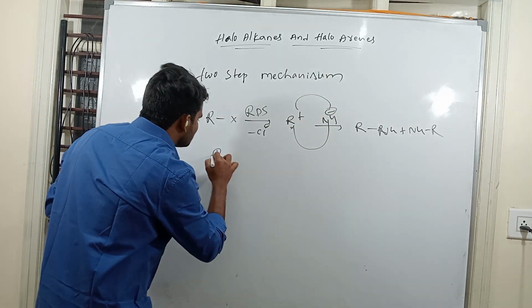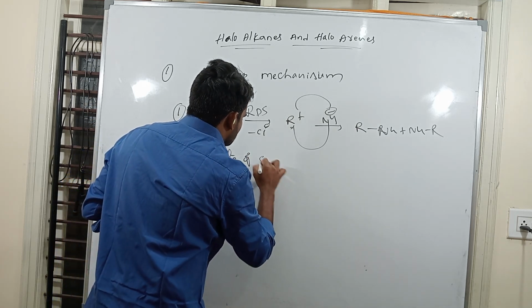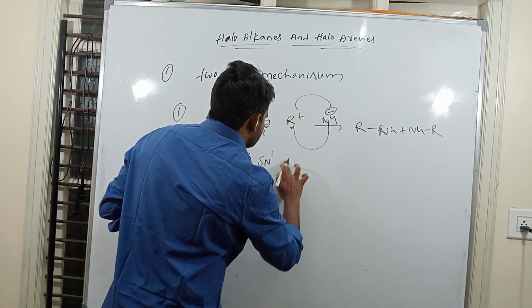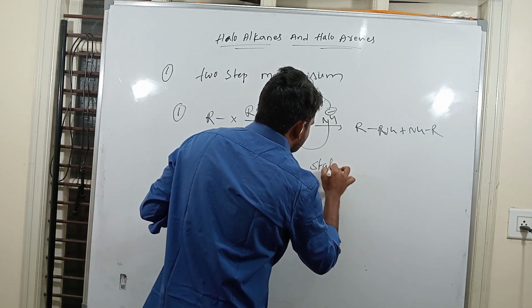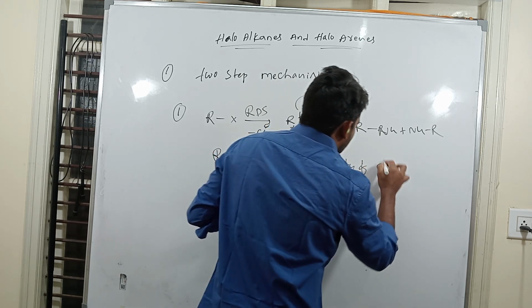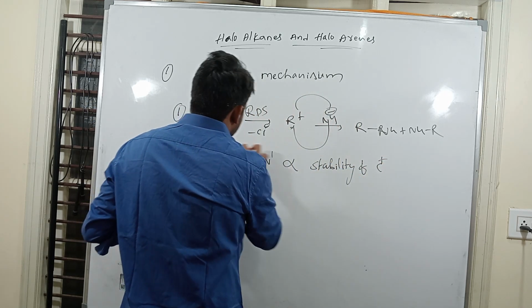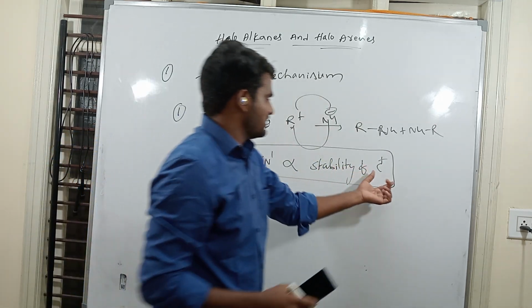The rate of the SN1 reaction is directly proportional to the stability of the carbocation. Why?